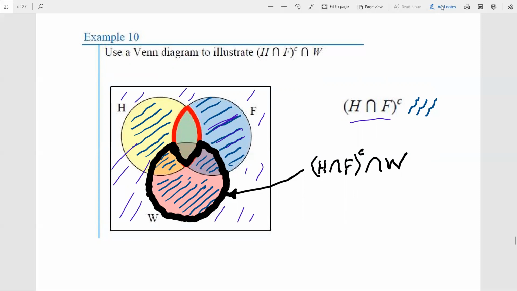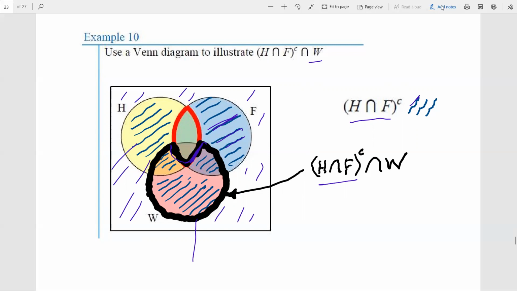But then we want to intersect that with W. So all the squiggly lines intersected with the W circle would be what I've outlined here in black.